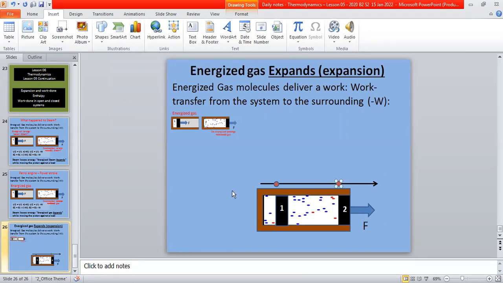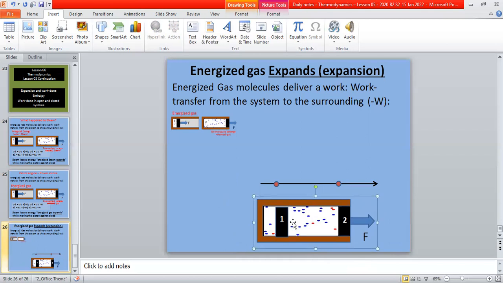Initially at position 1, then finally at position 2. Piston position 1 means there is a volume.